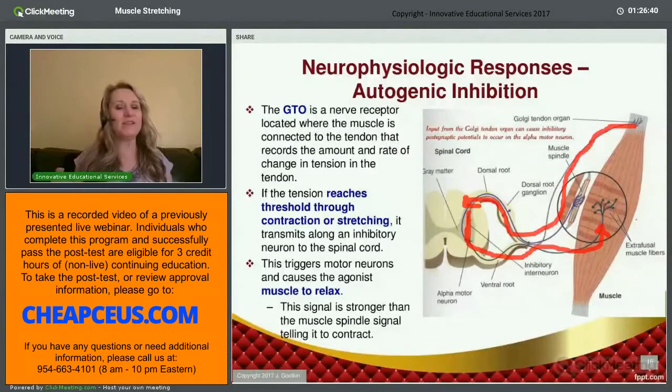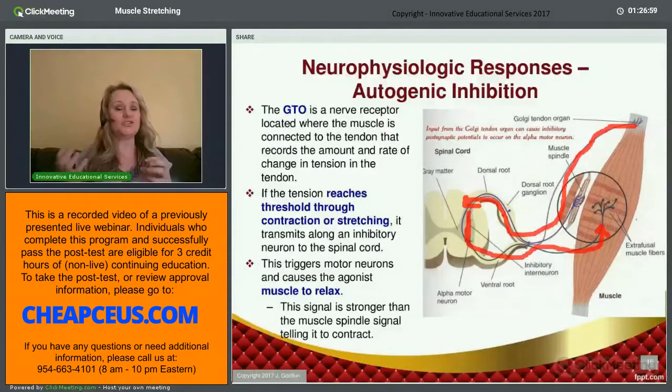The Golgi tendon organ, when it senses a contraction that has a significant load and force to it, is going to send a signal back down to that muscle to shut that muscle firing off to avoid injury. We can use this to our benefit in stretching.